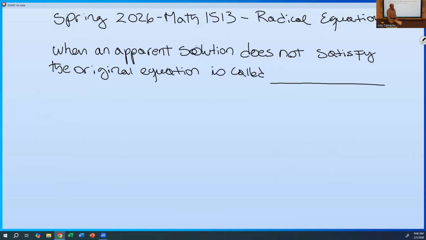Extraneous. Exactly. Because we just did it, no? We plugged the answer into the original equation and it was not satisfied because 10 is not equal to negative 10. So the answer will be extraneous. And that is your first question in your assignment. You know the answer, because you know what extraneous means since I just gave the example.